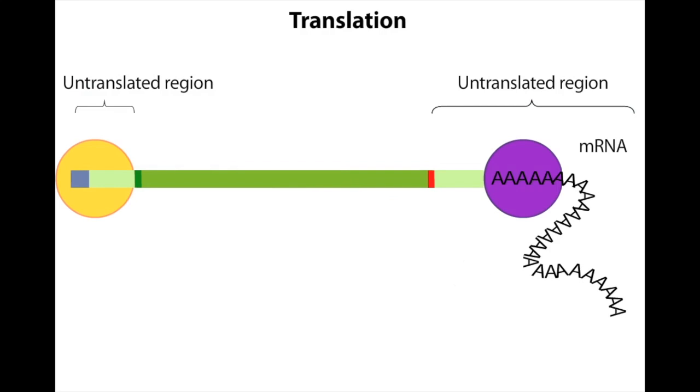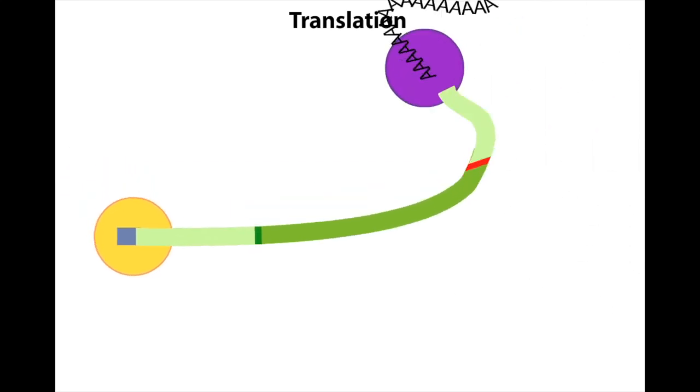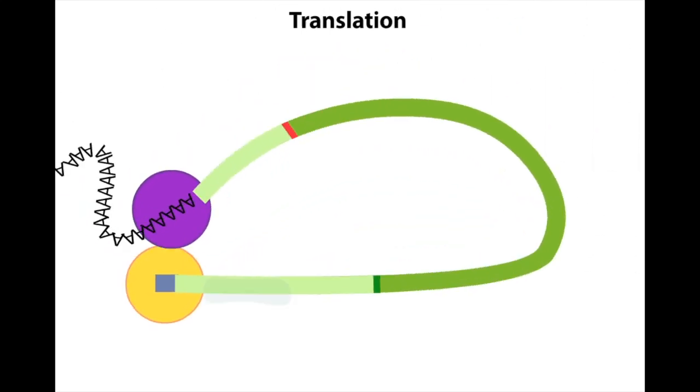Proteins that bind to the poly-A tail interact with proteins at the 5' cap, causing the mRNA to form a circular structure. These proteins initiate the assembly of the ribosome near the 5' cap. Protein synthesis begins at the translation start site.